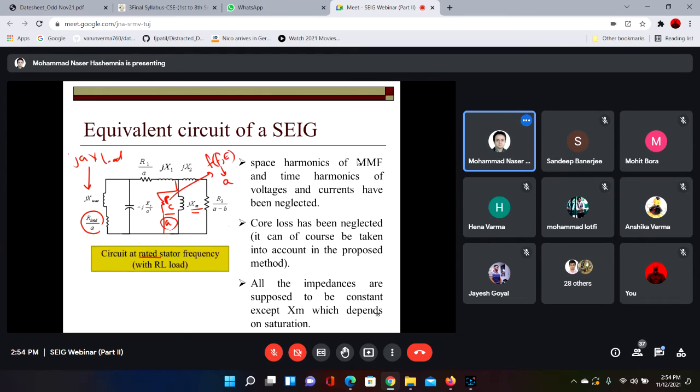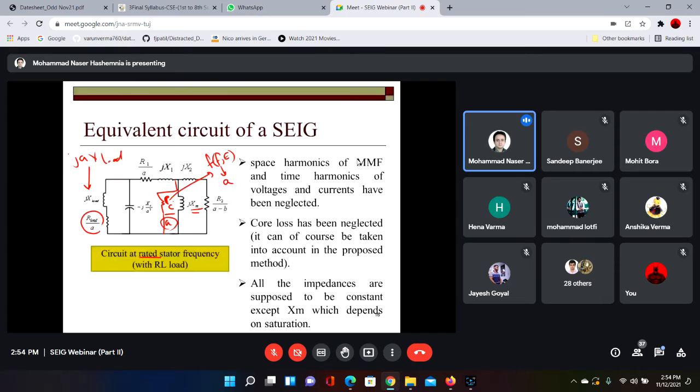The reason is that XM depends on saturation, and we don't know the operating point here. This is different from an induction machine connected to the grid. In an induction machine which is connected to the grid, the stator voltage is fixed. Then we can assume that the voltage across XM is almost fixed, neglecting the drop across the stator leakage impedance. And also, if we have constant frequency, then we will have constant magnetizing current and constant value of LM, then constant value of XM.